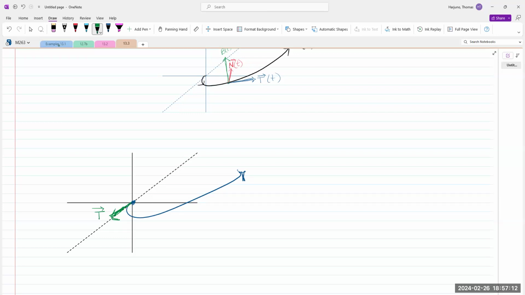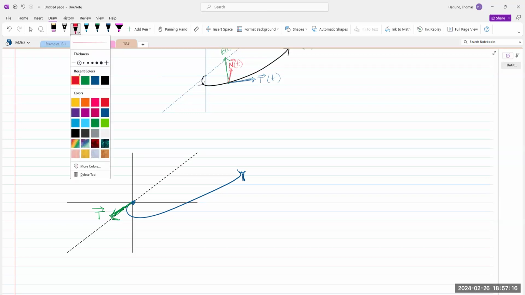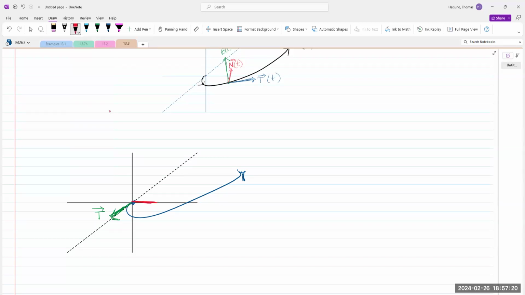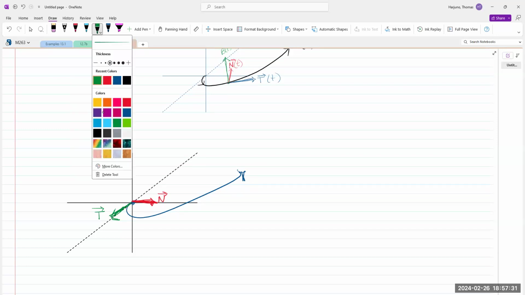Okay, and then the unit normal vector is pointing this way. Now the binormal, what color should I use?